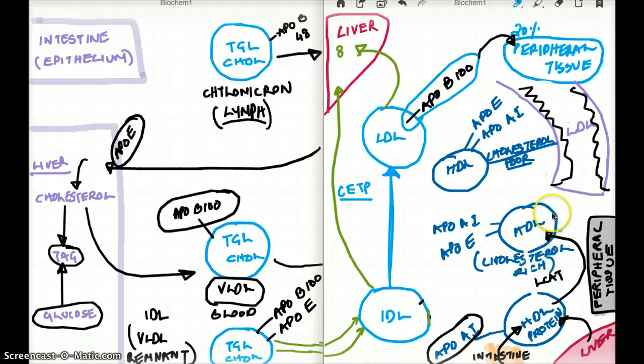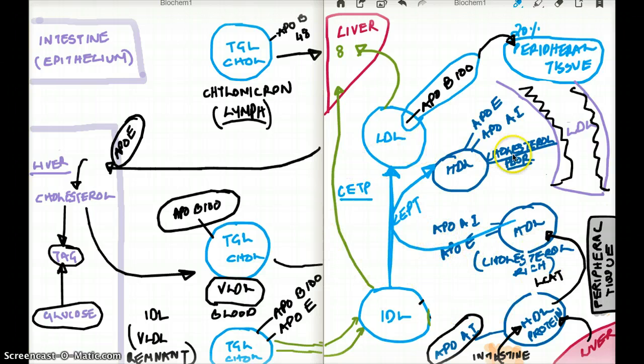So a cholesterol-rich HDL is going to use the same enzyme that IDL was using to convert it into LDL, which was CETP. So this process is simultaneous, which I didn't draw before to kind of make things simpler.